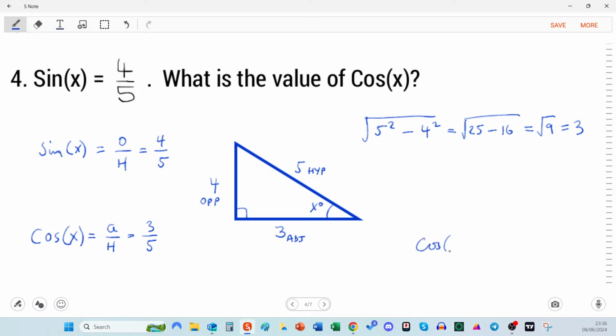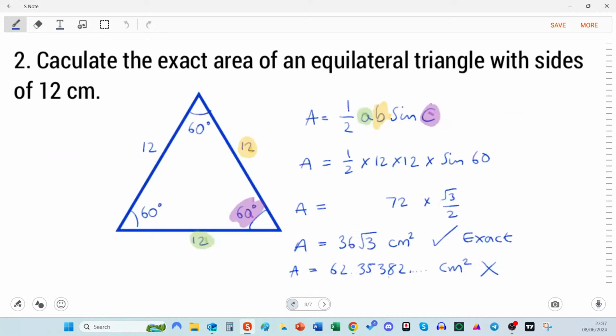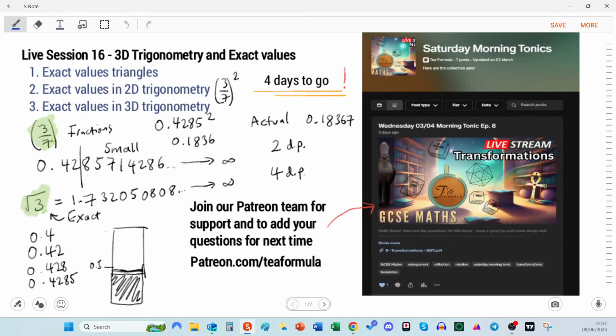So cosine x equals 3/5, and not a single calculator button was pressed. So in this case, it does count as an exact values question because we've not gone into that crazy realm of all the different decimals. And I'll go back to the beginning to show, if you type in, let's go down a wee bit.